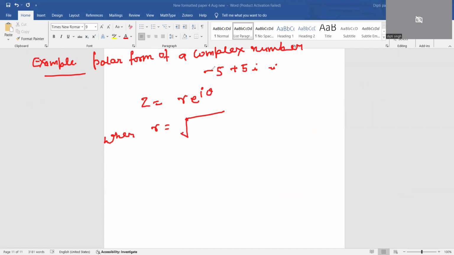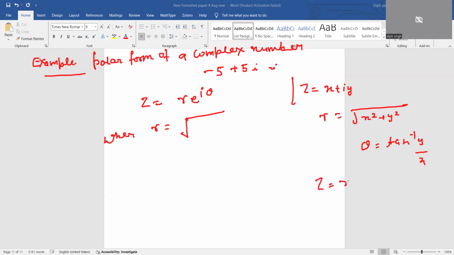If we have z equals x plus iy, then r will be square root of x square plus y square, and theta will be tan inverse y upon x. And here there is a direct polar form, z equals r cos theta plus i sin theta. So we can find modulus of it like that: 5 whole square plus 5 whole square. So it will be 5 root 2.